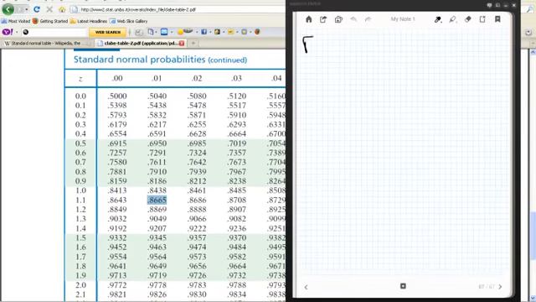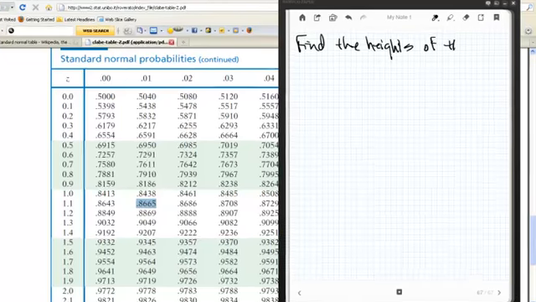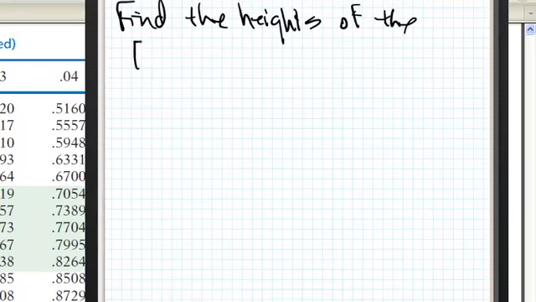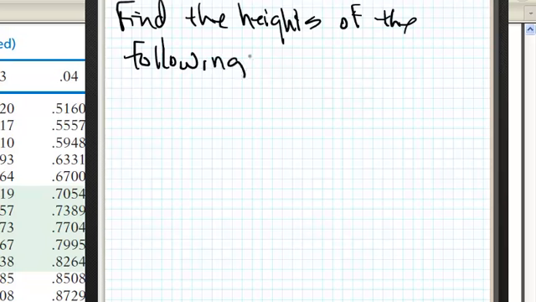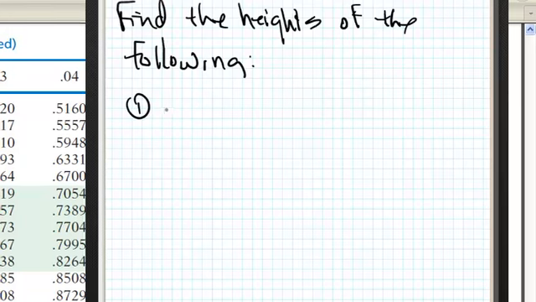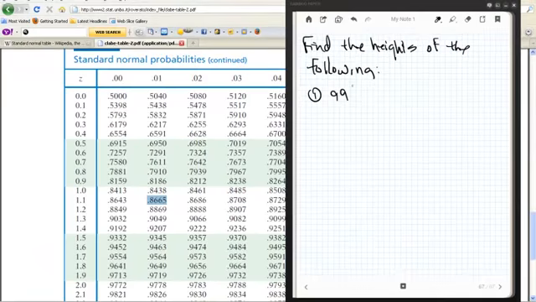Let's find the heights of the following. We'll go with women this time. One, let's go the 99th percentile for women.